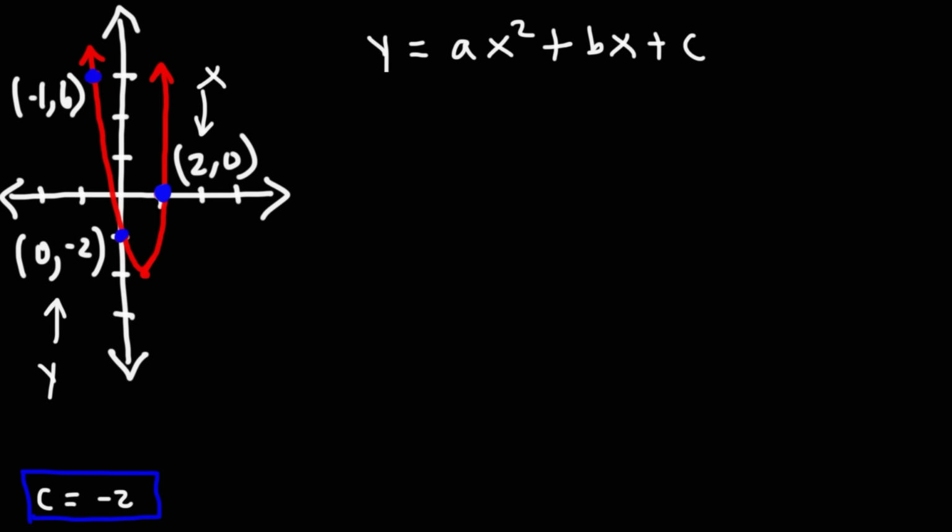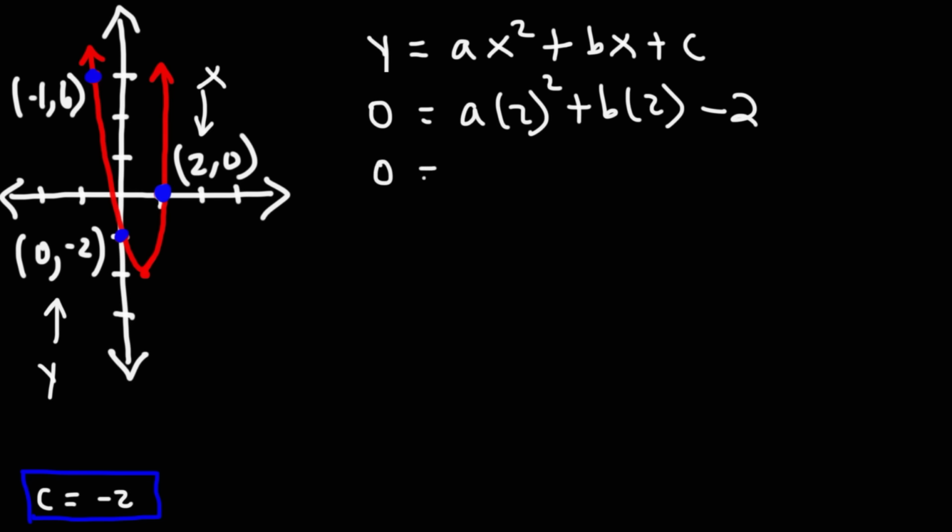So now that we know the value of c, we need to figure out what a and b are. So let's use the next point, (2, 0). So we're going to replace y with 0 and x with 2. And we know c is -2, so we could just go ahead and plug that in. 2 squared is 4, so we get 4a + 2b - 2.